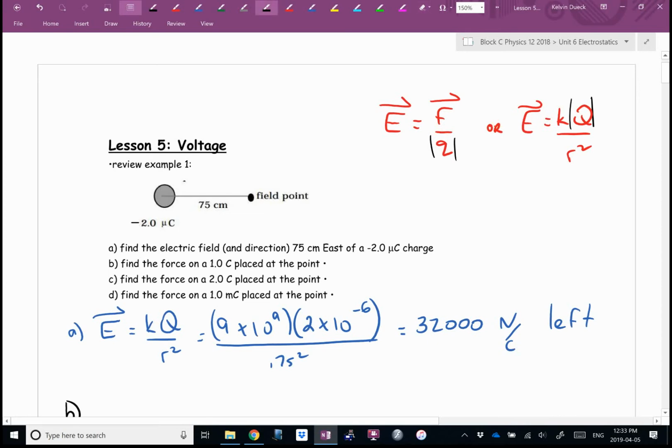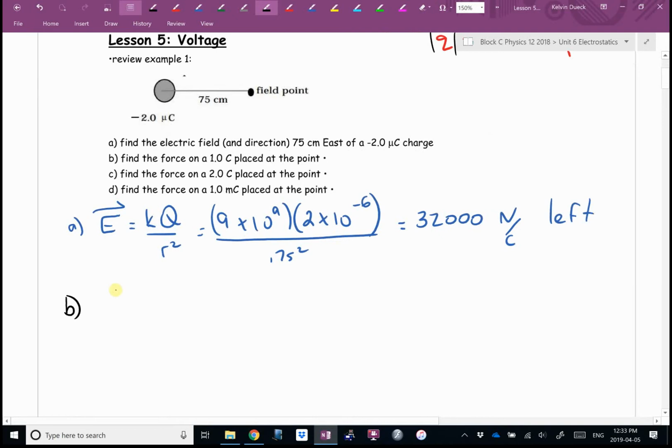One of the nice things about electric field is it also provides us with a shortcut to calculate force. If we know the electric field at a location, Hannah, you tell me the charge you want to put there, I can tell you what force that charge will feel without having to go K, Q1, Q2 over R squared. Instead, I can go the force is equal to QE.